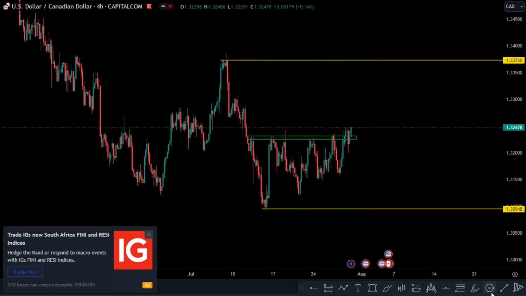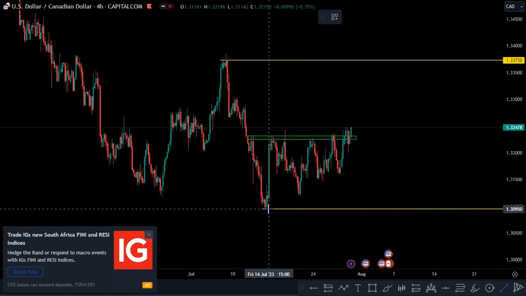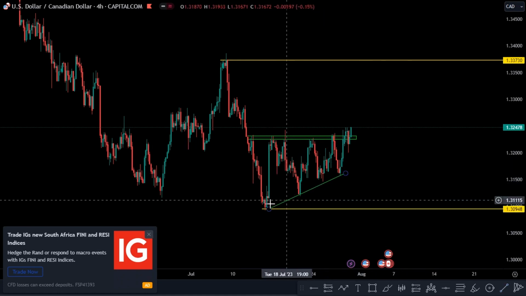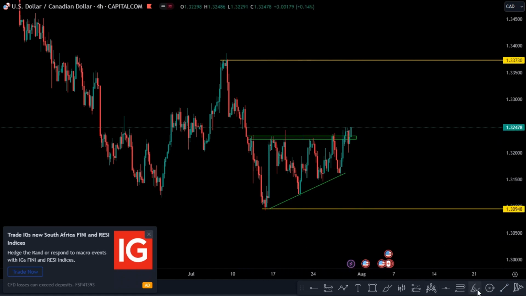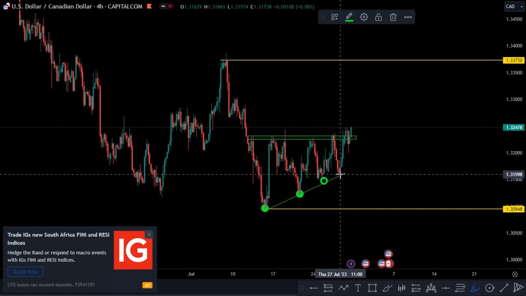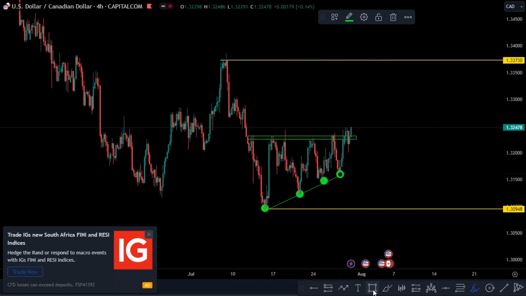And then another supporting confluence towards that concept is the fact that here we are seeing a market that is losing bearish momentum and gaining bullish momentum as it is creating lower highs like this. So this is basically telling us that the strength towards the upside is increasing heavily.